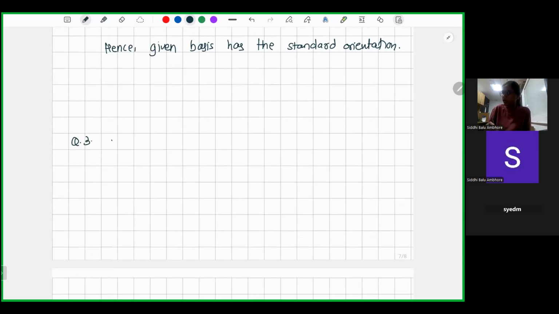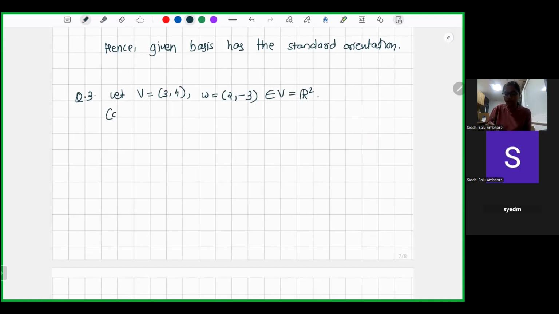Question 3, that let V be 3 comma 4 and W be 2 comma minus 3 belong to V, that is my R2.